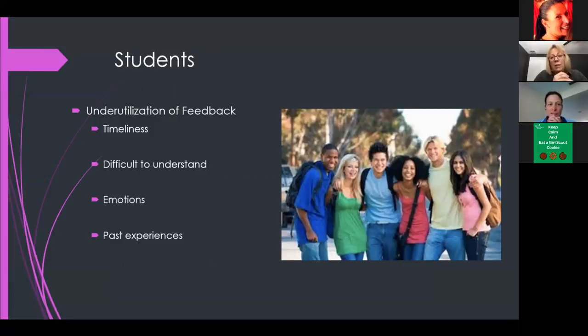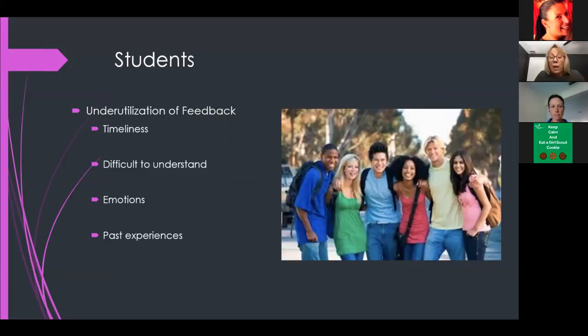First was timeliness. They felt that the feedback they received sometimes was not useful because they were already going on to their next clinical assignment or their next paper or other assignments. So once they get the feedback, they're already working on their next assignment.